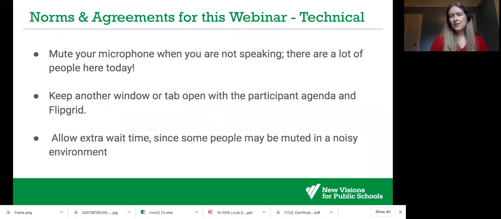So I'd suggest taking a second now and closing any extra tabs or windows on your computer, just so it'll be faster for you to find the resources that you need. And this is more of a reminder for me to slow down and give people extra wait time, since it does take us a minute to find resources, to unmute ourselves, and to type. So just being patient with everyone.